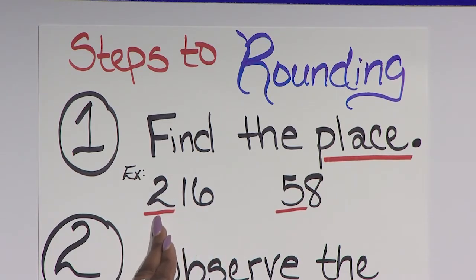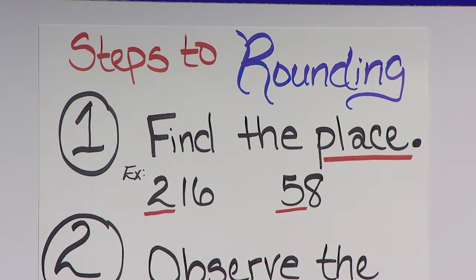What's underlined? The 200. So what place is that? That's my hundreds place. So I'm rounding to the nearest 100.